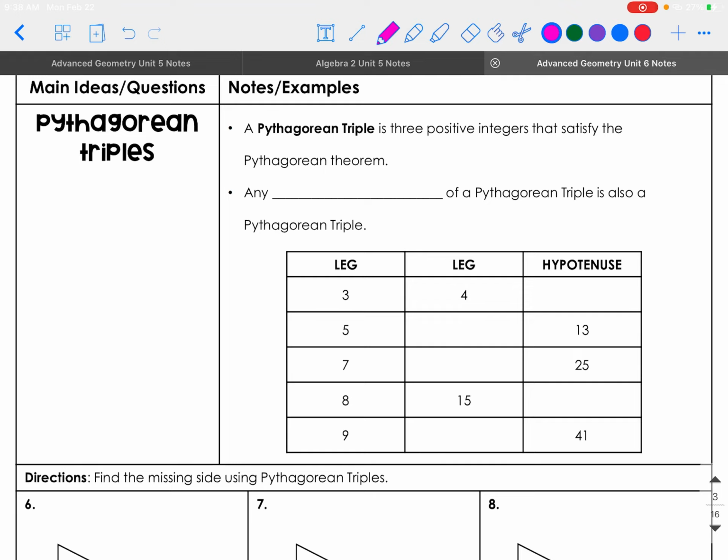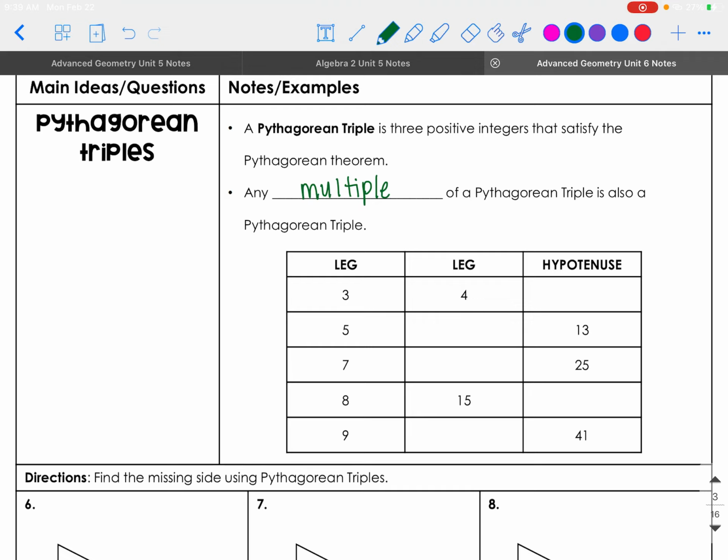You'll notice that most of the times when we do the Pythagorean theorem, one of them ends up being a decimal. But sometimes we have these Pythagorean triples. Any multiple of a Pythagorean triple would also be a Pythagorean triple.